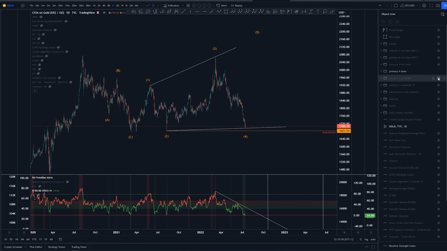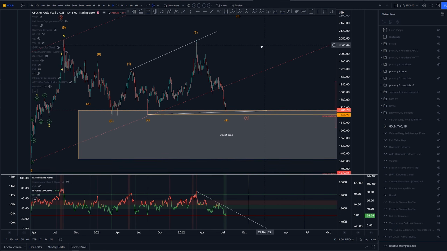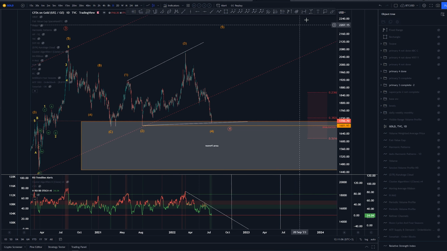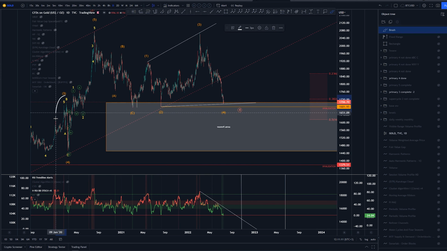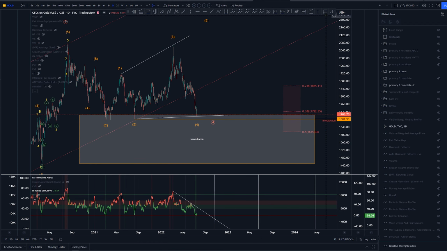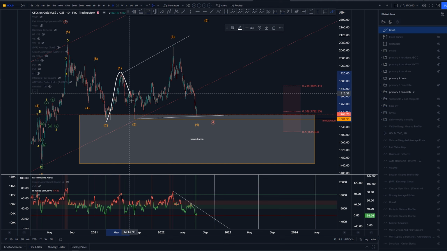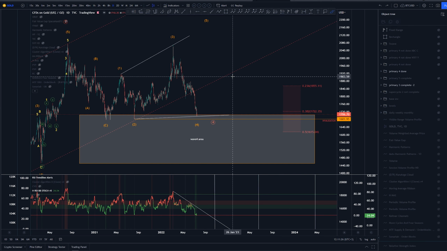Overall, again, we were looking at the possibility of this being a possible wave 3, wave 4, and then higher. Now, previous wave 4, according to my count here, is marked by this large box. I have the invalidation level here, which is only regarding this 1, 2, 3, 4, and 5 count, so expanding diagonal.